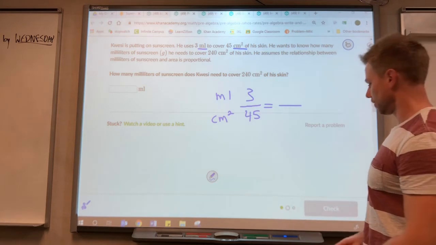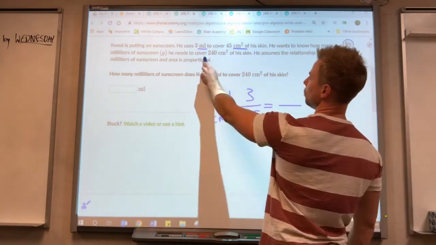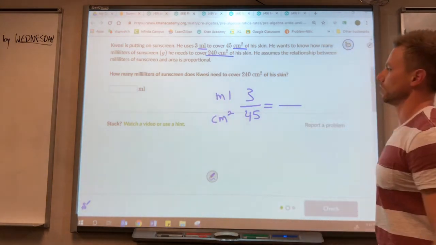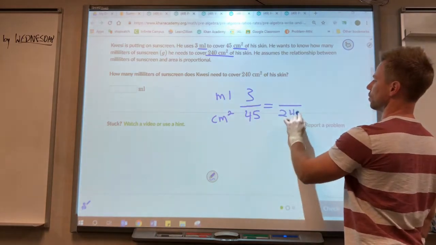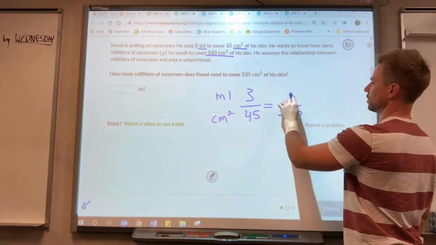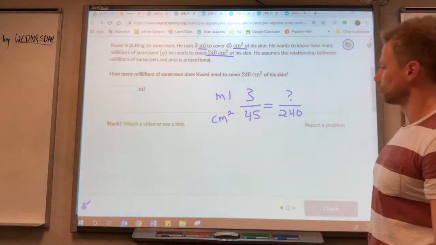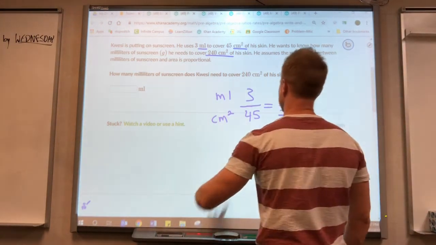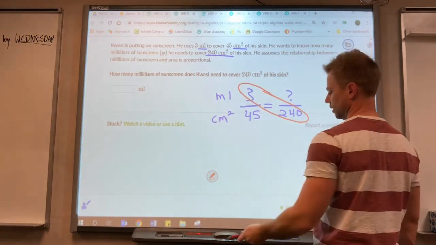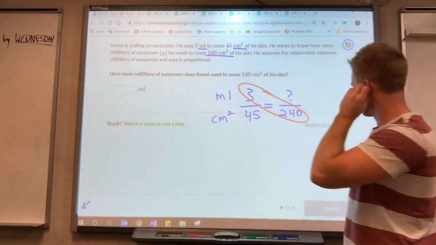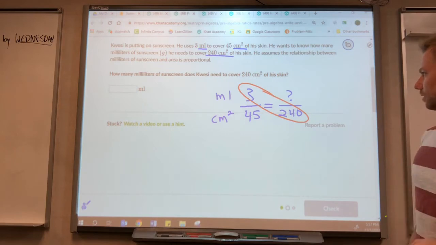Okay, we're trying to figure out how much sunscreen to cover 240 square centimeters. 240 has to go on the bottom because that's where square centimeters are. Question mark on top. Okay, we're gonna cross multiply, divide. We're gonna multiply 240 times 3, and then we're gonna divide by 45.